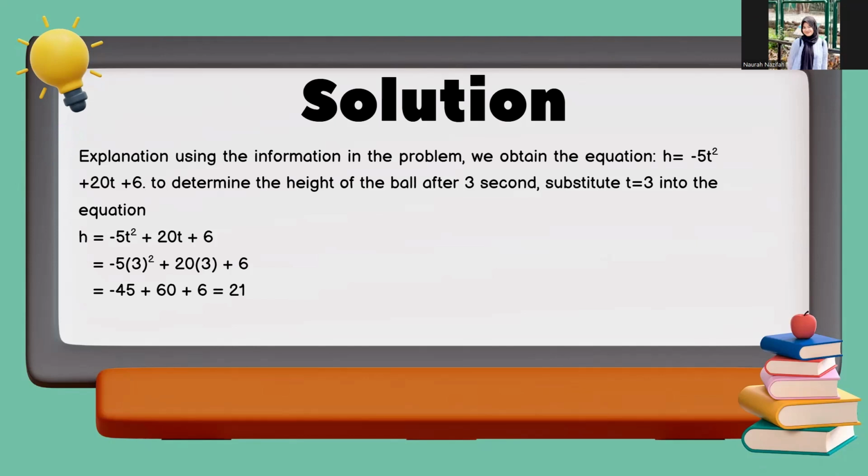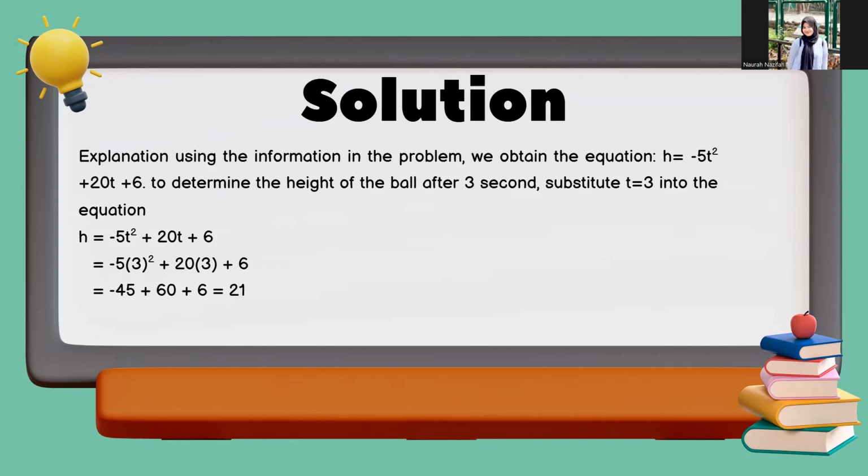To determine the height of the ball after 3 seconds, substitute t equals 3 into the equation. h equals negative 5 times 3 squared plus 20 times 3 plus 6 equals negative 45 plus 60 plus 6 equals 21.